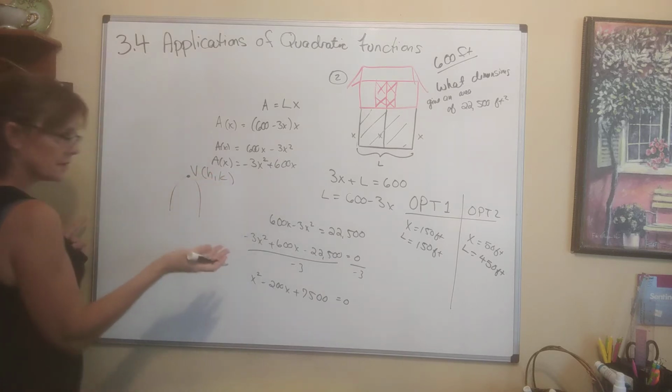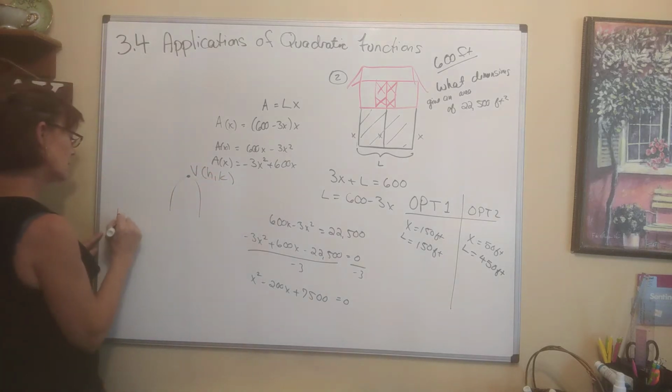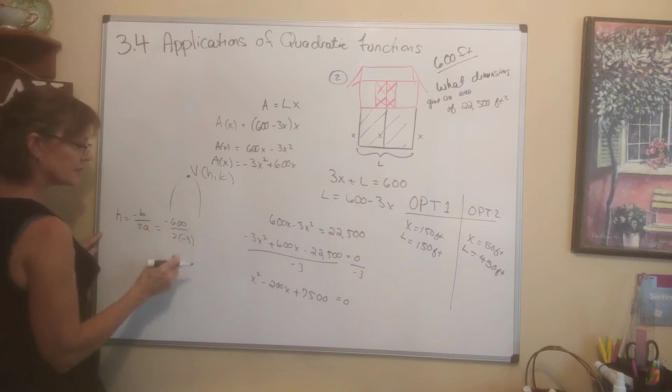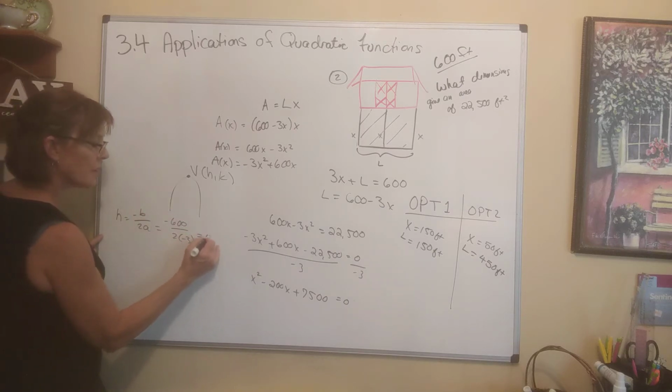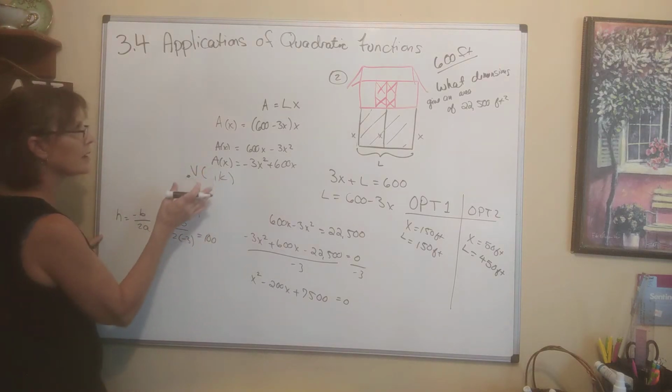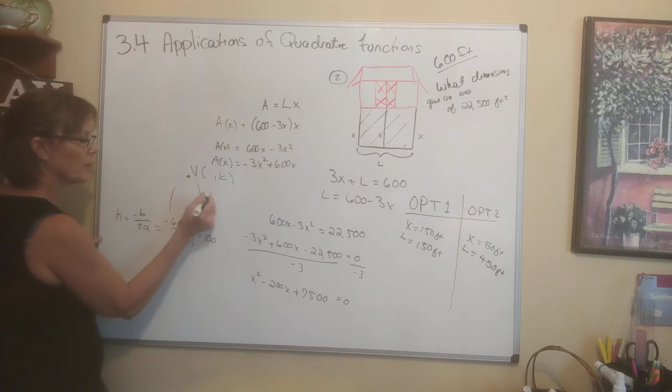And so this is what we know. h is negative b over 2a. Negative 600 over 2 times negative 3. Negative 600 divided by negative 6 is 100. So the maximum area for this fencing will occur when x is 100 feet.